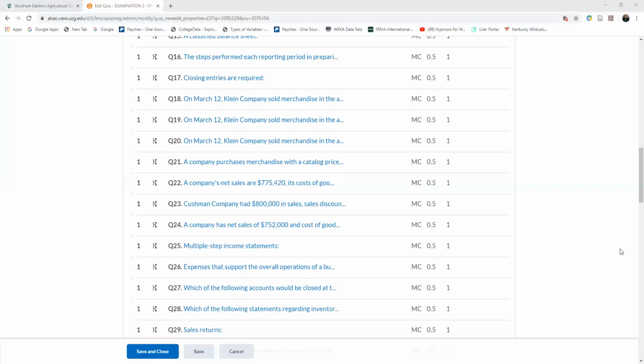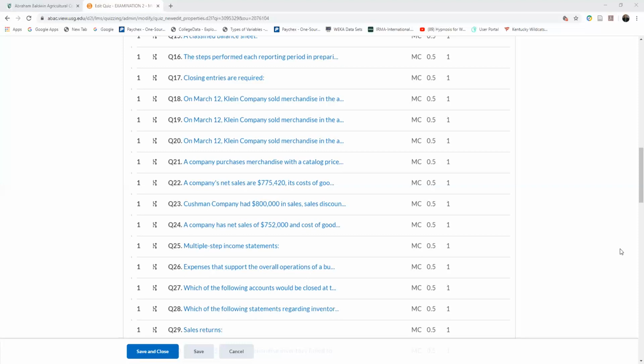Then I would know how much I had in ending inventory, and the net purchases plus the beginning inventory, goods available for sale, minus my ending inventory would give me again my cost of goods sold. And then the cost of goods sold from the net sales gives us gross profit. Those are the differences that you'll see when you have a merchandising business versus a service business.